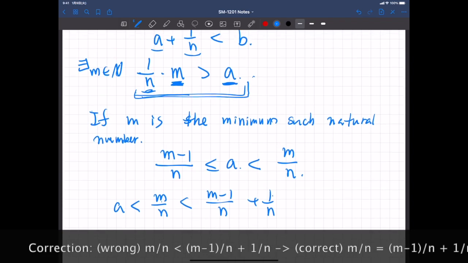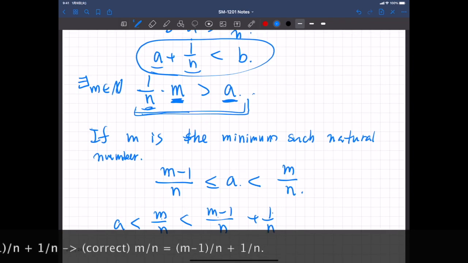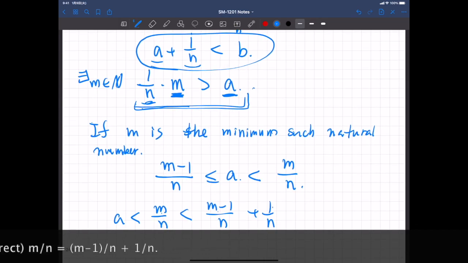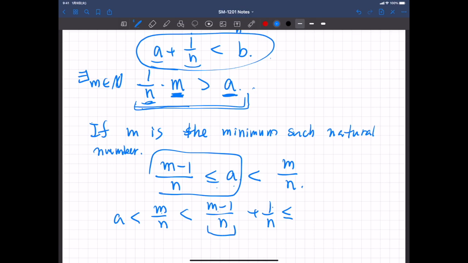From this inequality, m minus 1 over n is less than or equal to a. So this is less than or equal to a plus 1 over n. Now we apply this one: a plus 1 over n is less than b.